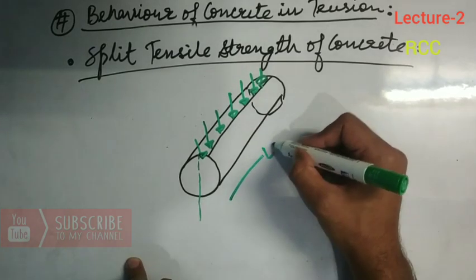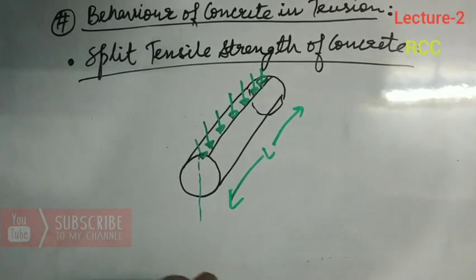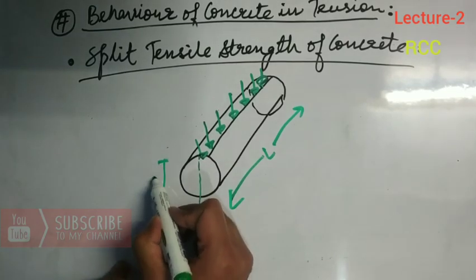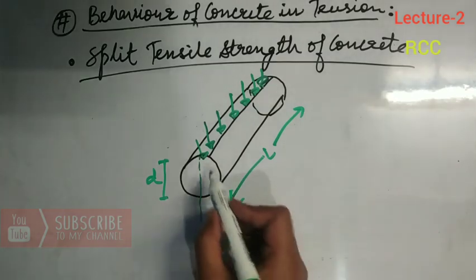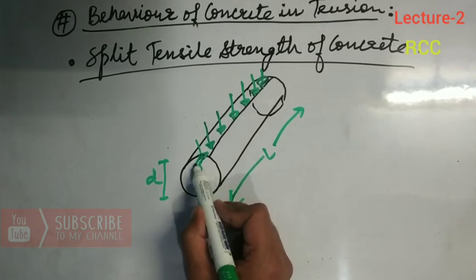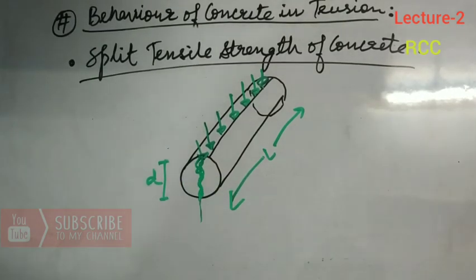Let it be a length of cylinder. This be the diameter of cylinder. So this standard plain concrete cylinder is loaded on its sides. So failure occurs by splitting of the cylinder along the plane of loading.